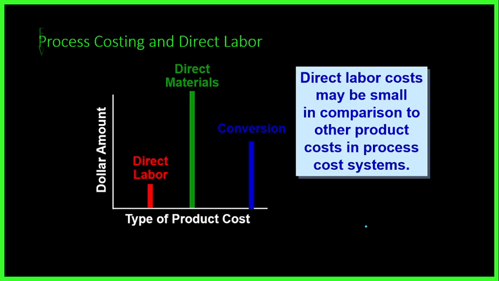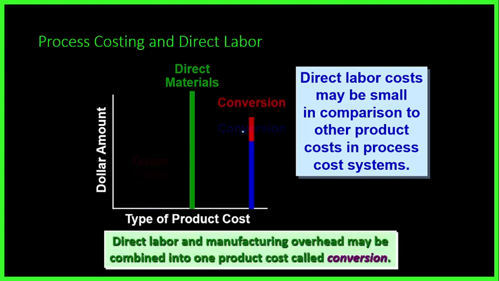Now, let's continue. So you have the following cost: direct labor, direct materials, and factory overhead. But sometimes the direct labor is small, so we already combine that with your factory overhead. And you will now have your direct materials and then your conversion cost.